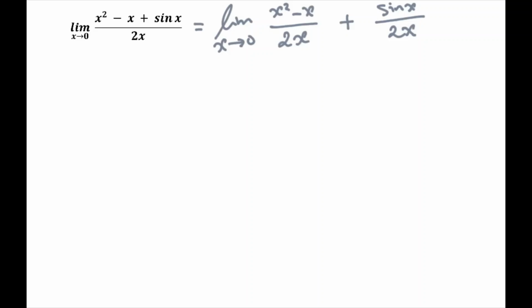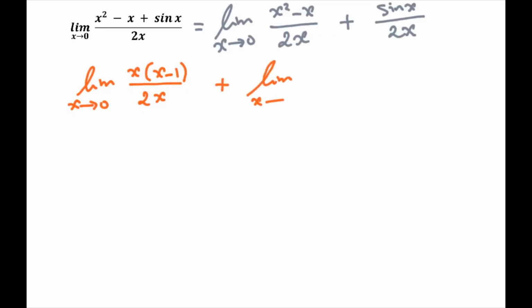Now you can split the limit. So the limit, and you can take x as a common factor here, over 2x as x approaches 0, plus the limit of sine x over x. You don't want it over x, you don't want the 2, so you can easily multiply. That's going to be the 2 in the bottom, where you can take it all the way out later on.